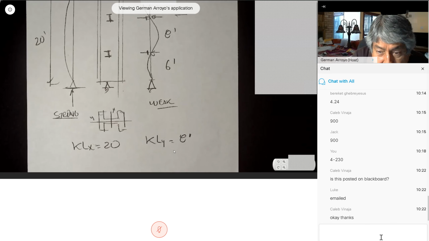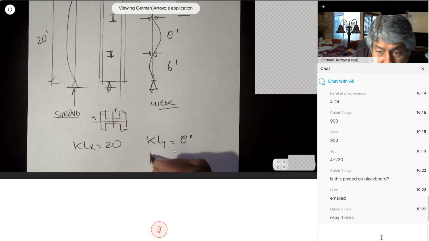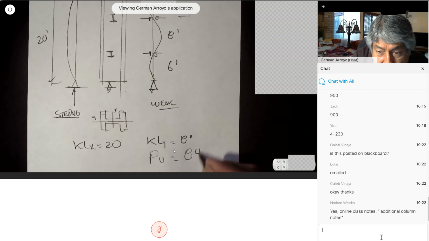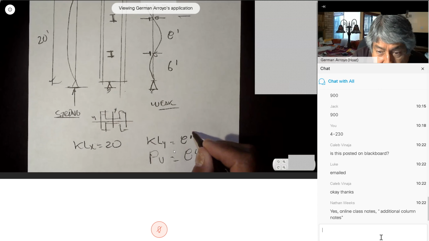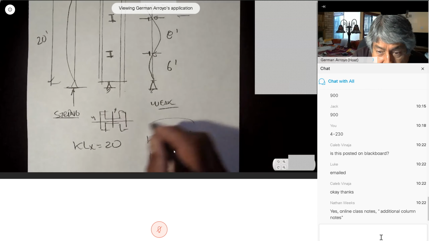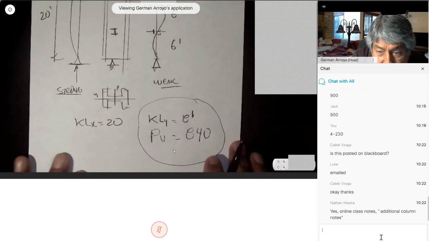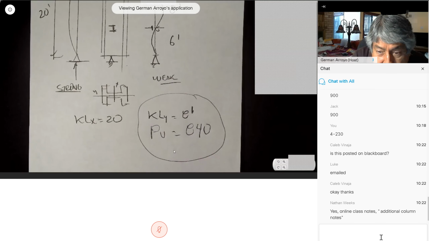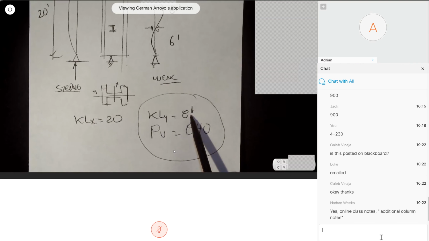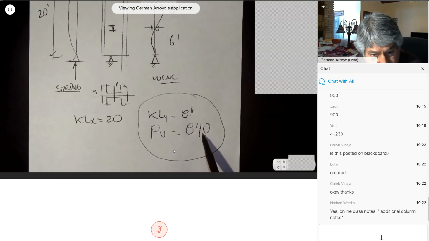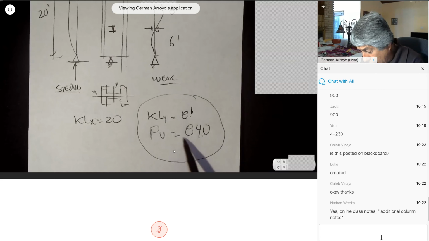So we're going to go to the table with PU equal to 840 and KLY equal to 8. So we're going to go to the column table that I mentioned before. And in the column table, we're going to look with 840, anything larger than 840. Nothing is smaller, so nothing can be smaller than this. So we're going to go to the W8.